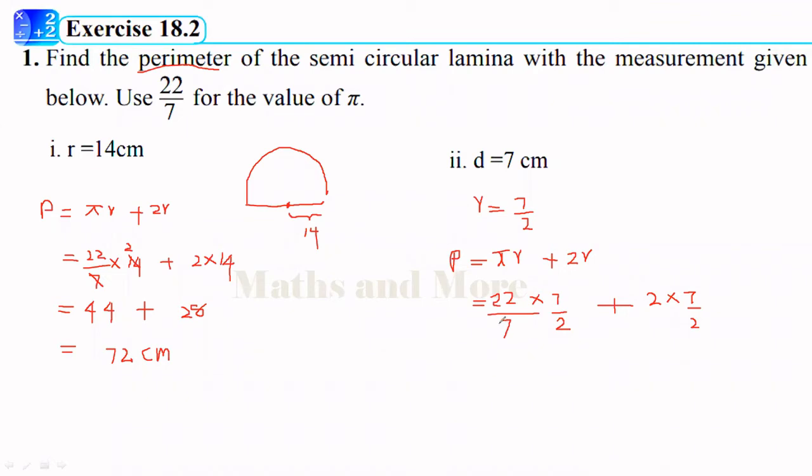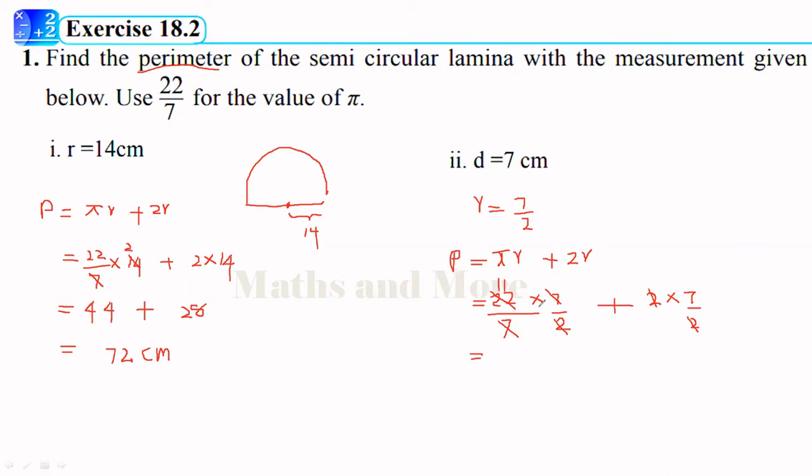Okay. Then cut this 7 with this 7. Cut this 2 with this 22. And in this term also, you can cut this 2 with this 2. According to the BODMAS rule, you have to do the multiplications first. After that only you can add.